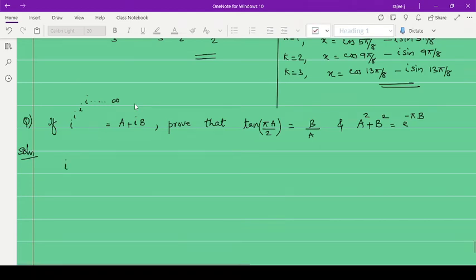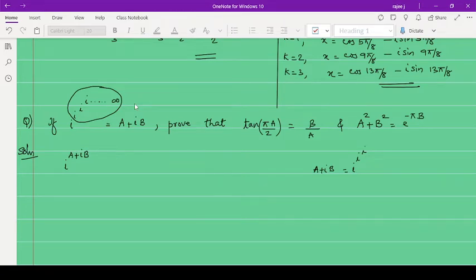I raised to infinity means this is again our question, this is again a plus ib. So I will write here I raised to a plus ib. Now what is a plus ib? If I am asking you what is a plus ib, you will tell me I raised to like that. So if I write I raised to, you are getting this part.